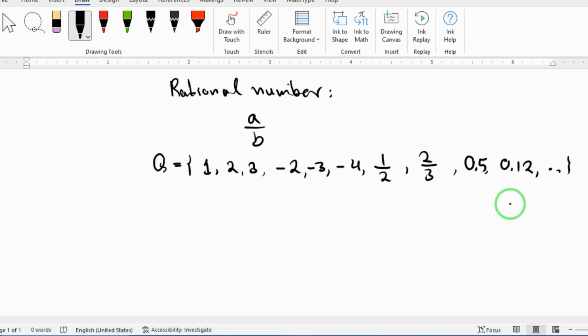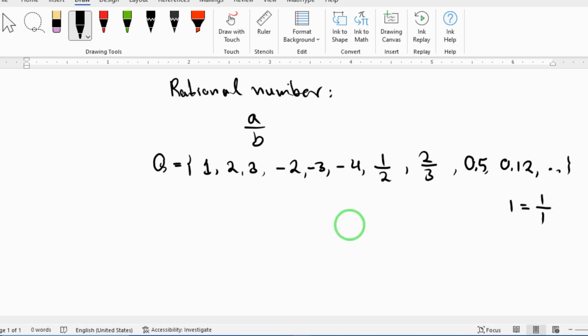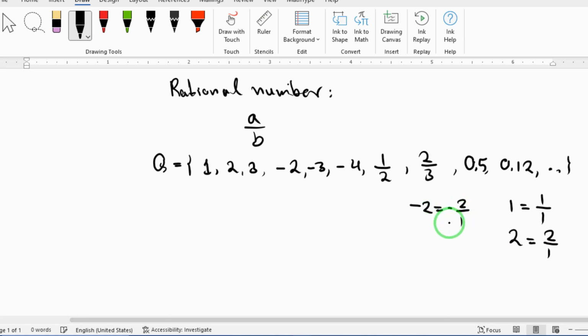For example, 1 is equal to 1 over 1, when the denominator is not written, the denominator is actually 1. Or 2 is actually 2 over 1. Or minus 2 is actually minus 2 over 1.